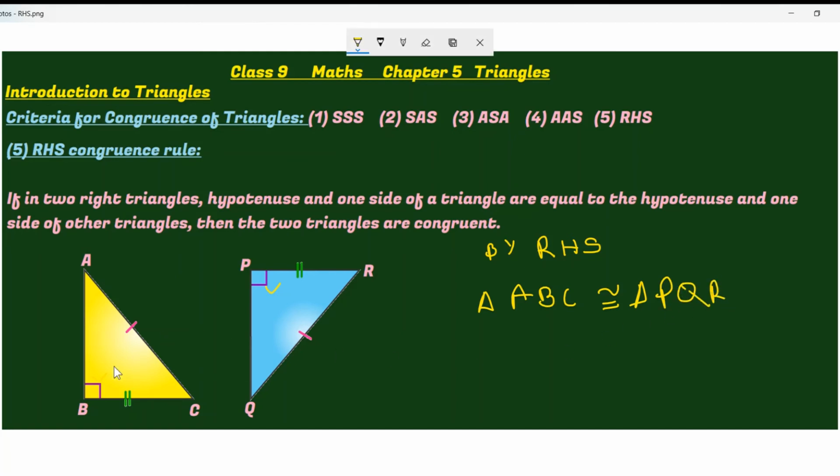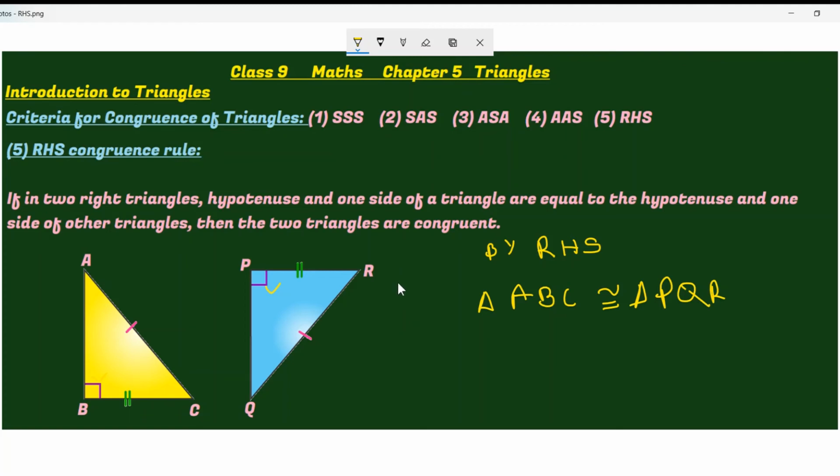Here you can see the base is equal to each other, here base and this is also base, and the hypotenuse is equal to each other. So these two triangles are congruent by RHS rule.